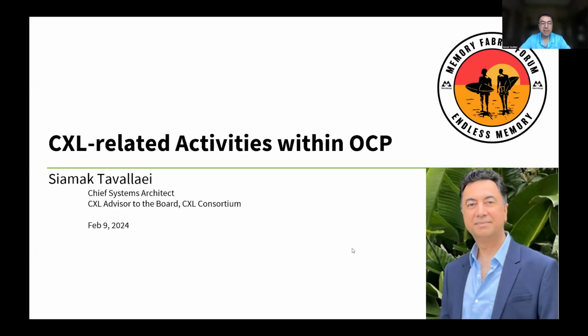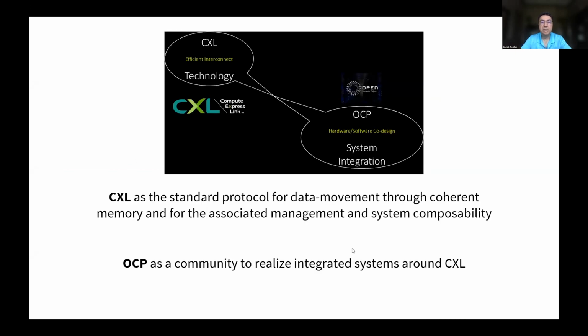Yesterday, we covered a little bit about the CXL specification update for 3.1. Today, we go a little bit deeper into how to actually take advantage of it in systems. A very good place for including technologies such as CXL is the Open Compute Project.